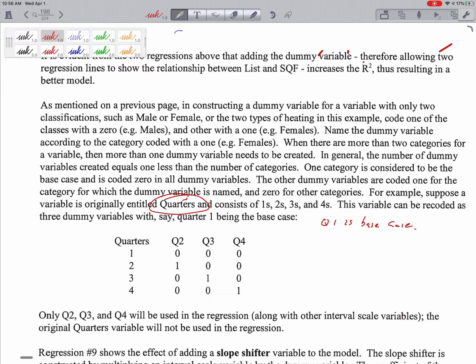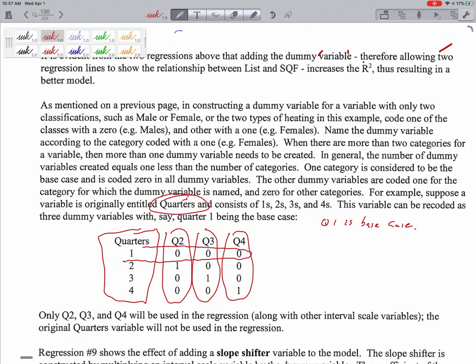Then we create 3 dummy variables like this, for quarter 2, quarter 3, and quarter 4 from the original quarters variable. If it's quarter 1, it takes on values of 0 in all 3 of these other quarters. Otherwise, quarter 2 takes on a value of 1 when it's quarter 2, quarter 3 takes on a value of 1 when it's quarter 3, and quarter 4 takes on a value of 1 when it's quarter 4.